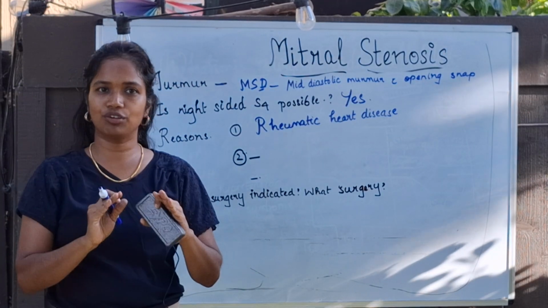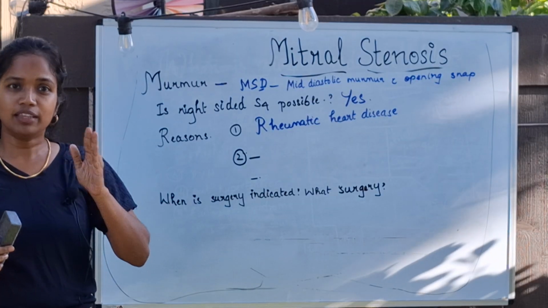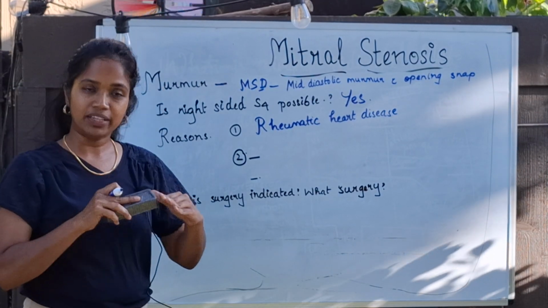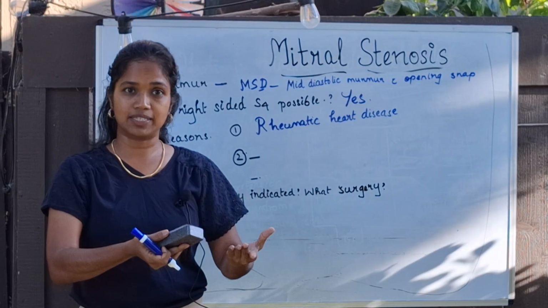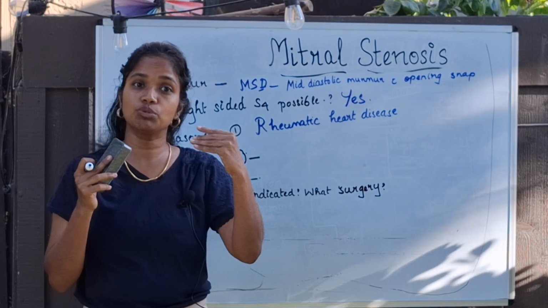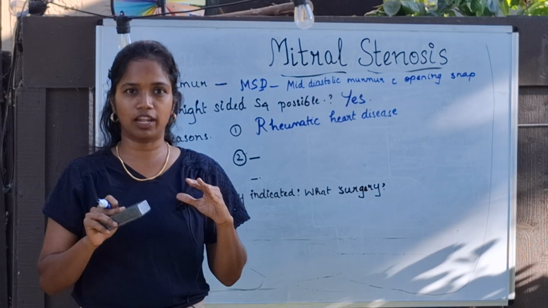Even though it is because of group A streptococcal infection, there is molecular mimicry. The body wrongly attacks the heart valves, mistaking them for the organism, because the M protein which is present on the heart valve is almost similar to the one which is present in the organism. So this is known as molecular mimicry.